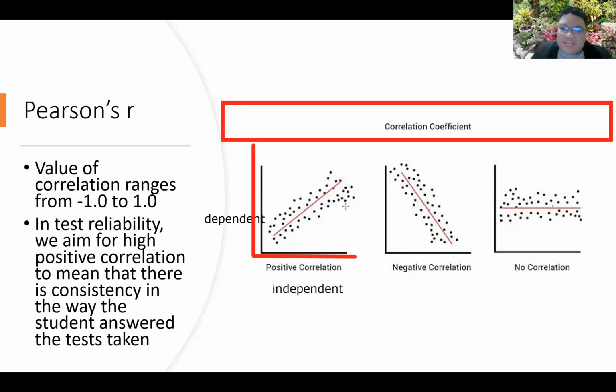Now, what are those dots? For example, in our case, since we are talking about assessment, let's say that the x-axis is the take 1 of the exams, and the y-axis is the take 2 of the exams. So class, when you see, for example, the score here at the red dot, I can see that the score on take 1 is maybe 6, and the score on take 2 is around 5.